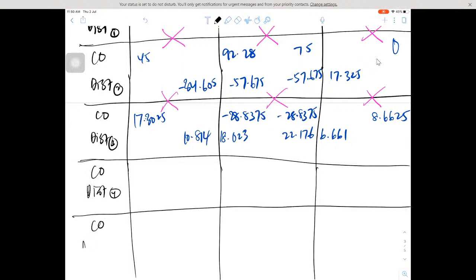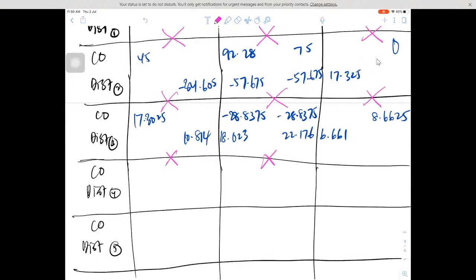Carry the value. Sorry, this one should be 0 because of the factor.